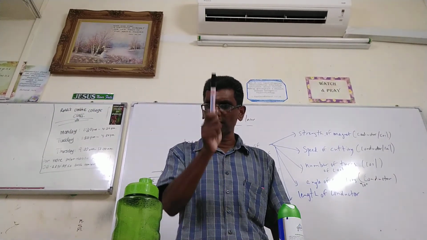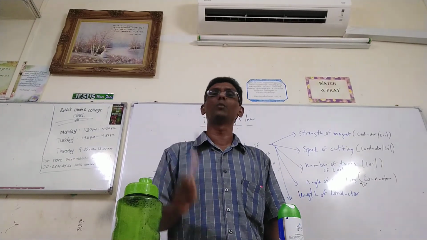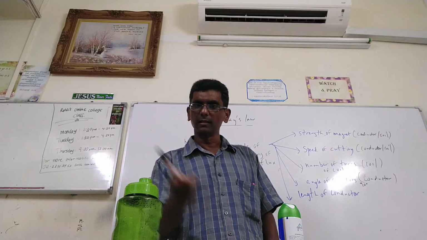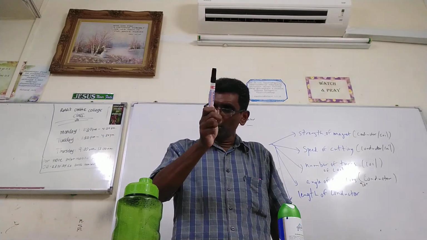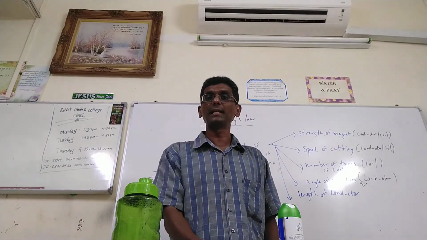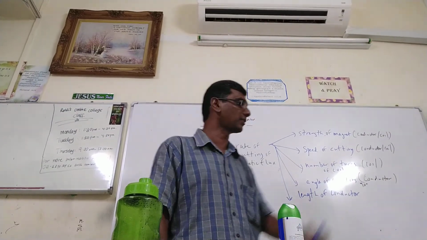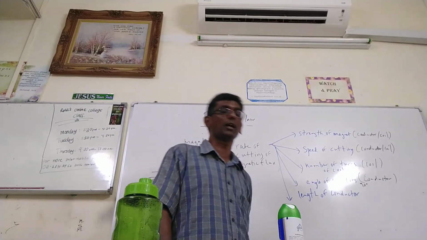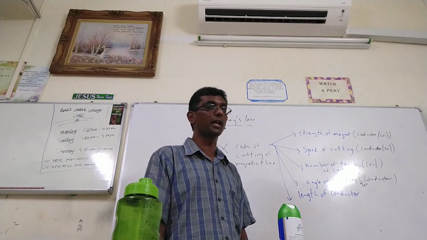If you cut the flux at 90 degrees, you produce a higher voltage. Slanting also cuts and can produce induced current and induced voltage, but cutting the flux at 90 degrees produces the higher voltage. That is called the angle of cutting a conductor.